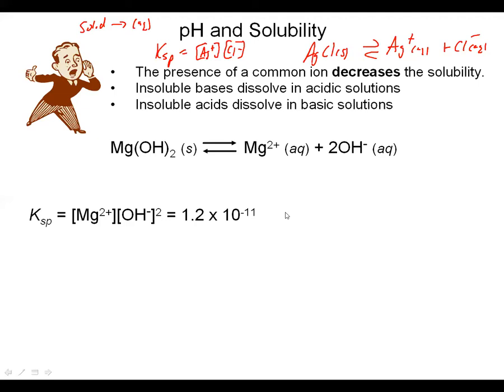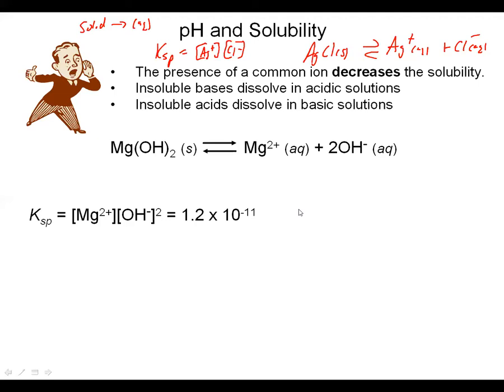So we talked about calculating Ksp. If you need to calculate the Ksp, you essentially just need to figure out the concentration of the ions at equilibrium, and then put those into the Ksp expression, which gives you your Ksp. We also saw that if you're given a Ksp and you want to figure out the solubility, which is usually either molar solubility or solubility in grams per liter, you typically need to do an ICE table.